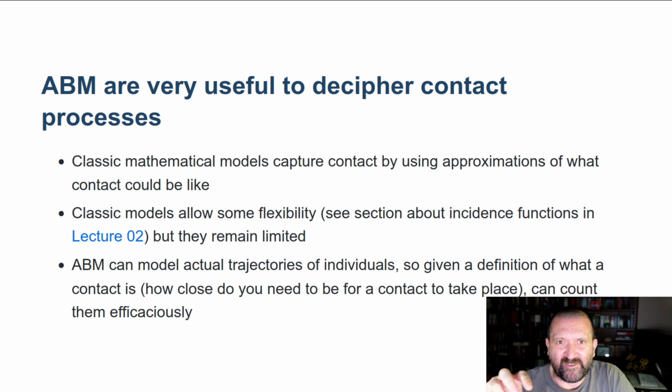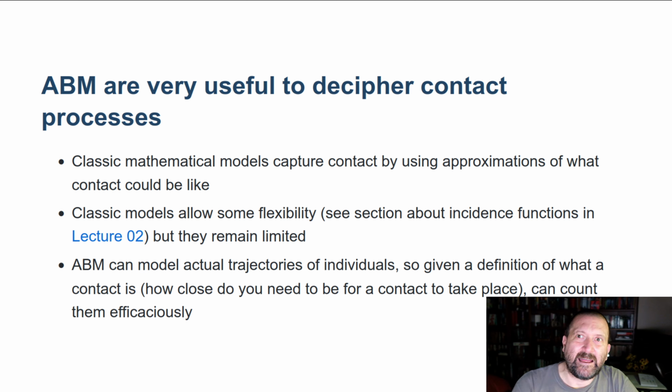And this is where agent-based models can be very useful because they allow you to look at the individual trajectories of individuals, agents. And so if you have a good definition of contact, and I should point out that even in an ABM, contact is a model in itself, but it's a lower level model. But if you have a good definition of what it is to be in contact, then you can have two agents come into contact with one another and you can detect this.